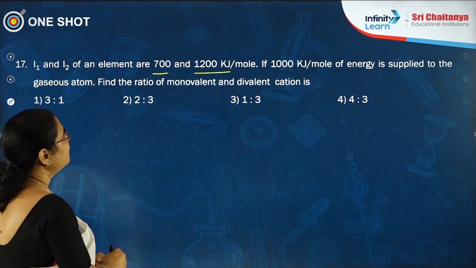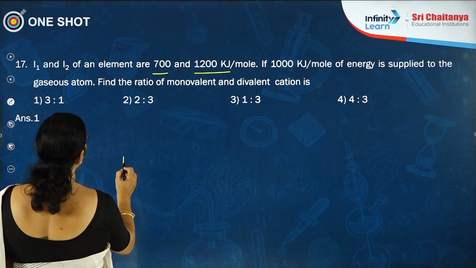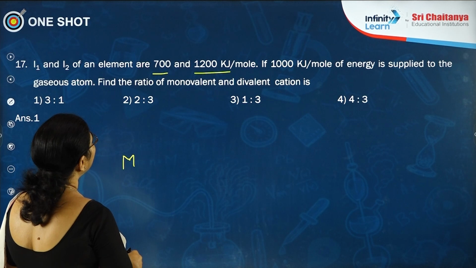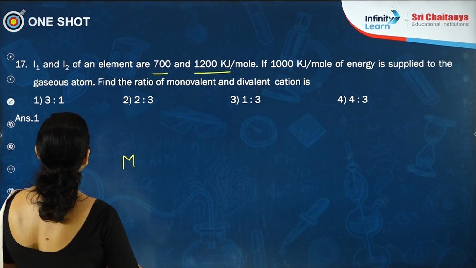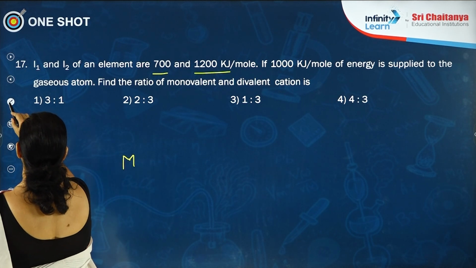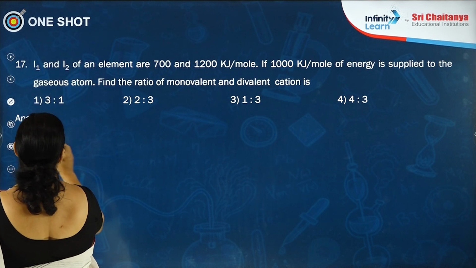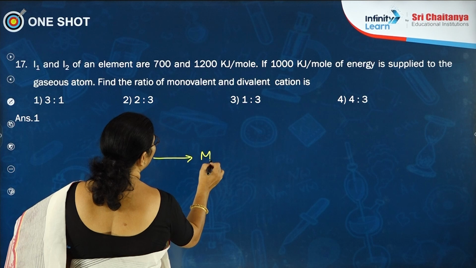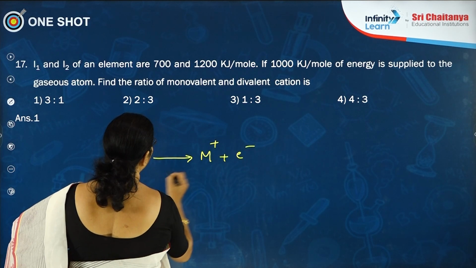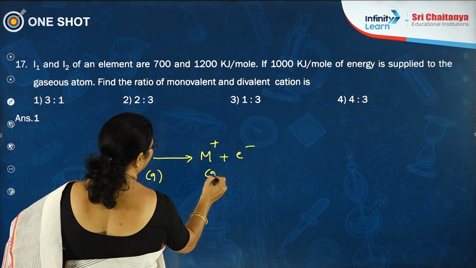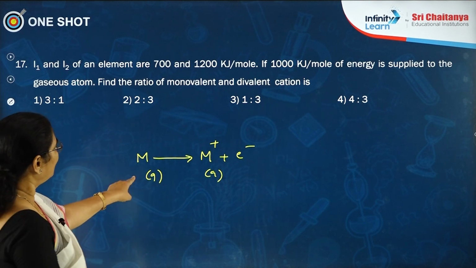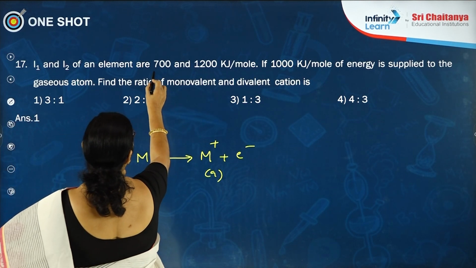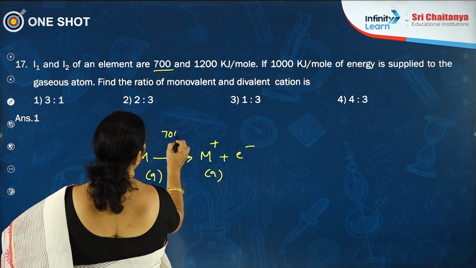For example, take any element, first IP: the metal loses 1 electron to form M plus and an electron. The metal is in the gaseous state. For this process, how much energy is required? 700, because IP1 is given as 700.